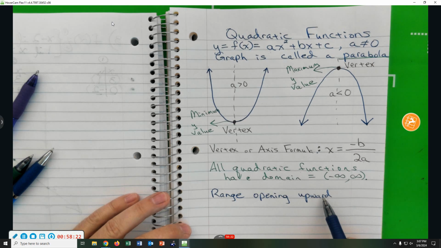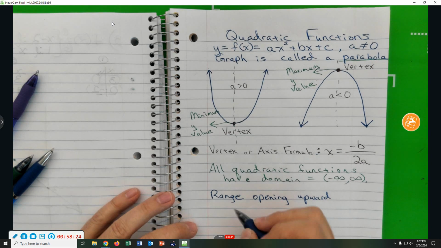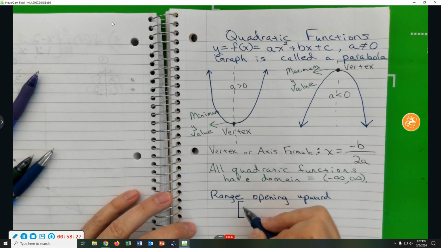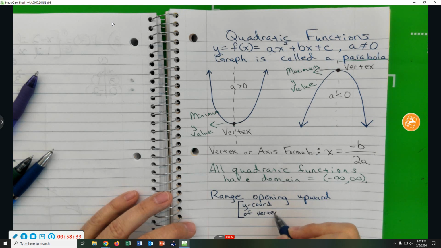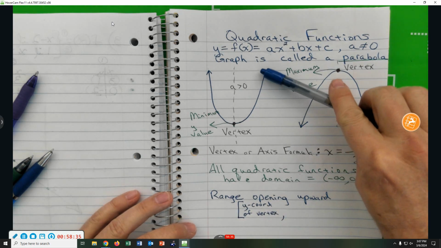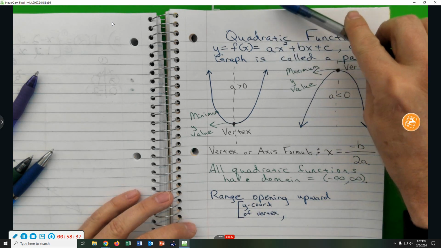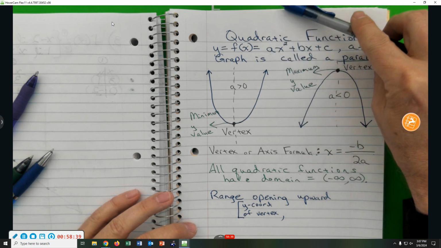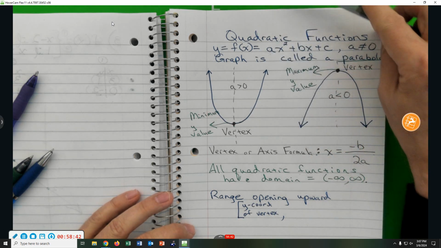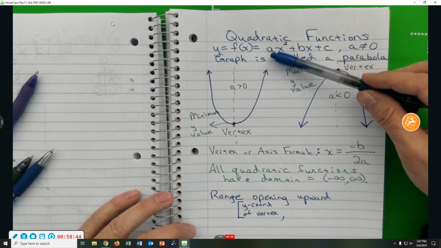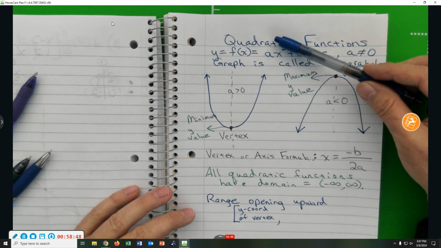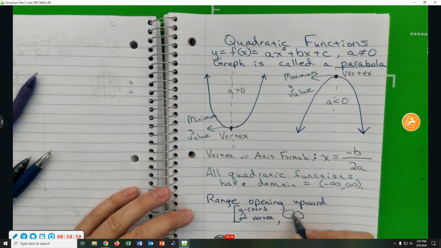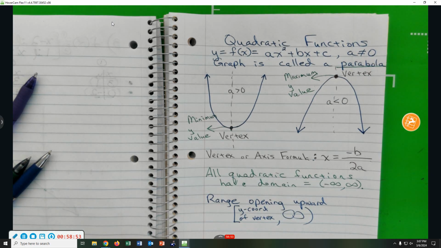So for the range of a parabola opening upward, it's going to be the y coordinate of the vertex, comma. Do these things stop or do they keep going forever when they're opening upward? Do they keep getting bigger and bigger or do they stop? They keep getting bigger and bigger, so to positive infinity.